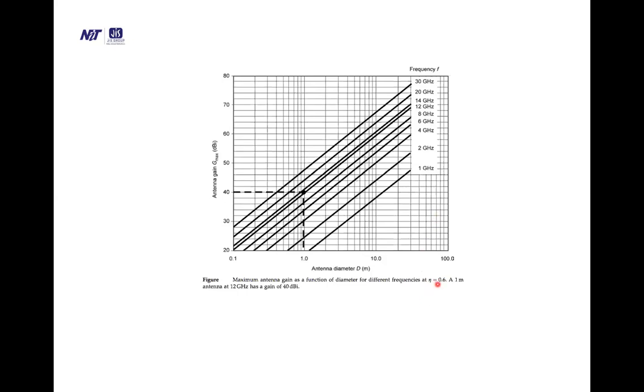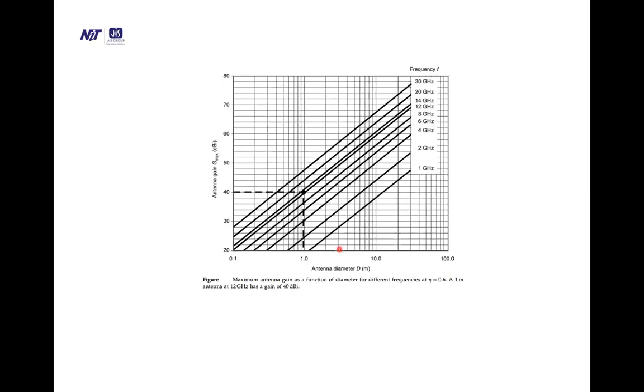Here eta is equal to 0.6. A 1 meter antenna at 12 gigahertz has a gain of 40 dBi. This is just a calculation. If we want a 40 dB gain at 2 gigahertz, the size will be about 5 meters, and so on.